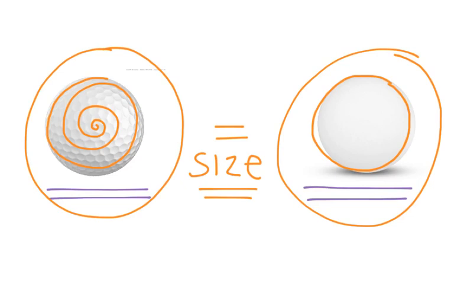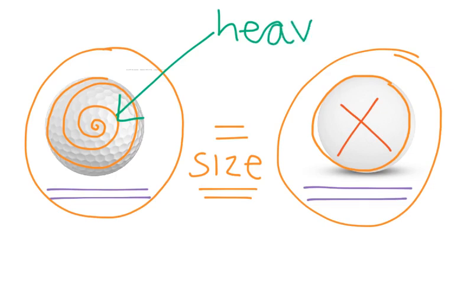So there is nothing inside here. It's an empty space. It's full of air. But they're the same size. So do they have the same matter, the same mass? No, because the golf ball will be heavier as it is solid inside.